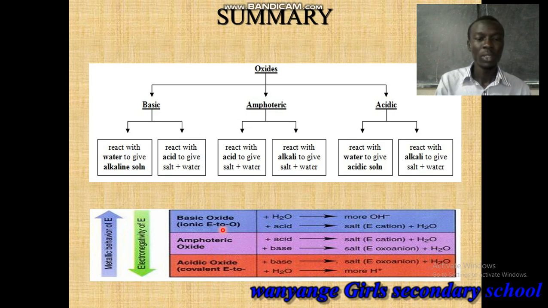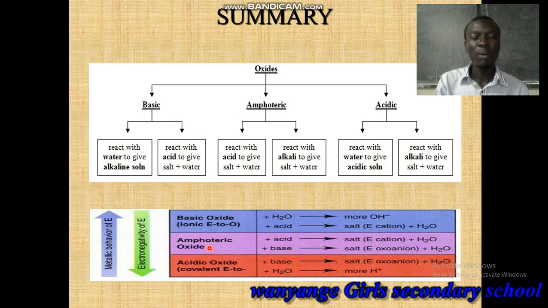Then a basic oxide will also react with an acid to form a salt and water. But now the cation, which is actually the metal ion in the salt that is formed, is going to come from the base. Okay? We shall look at that, don't worry.